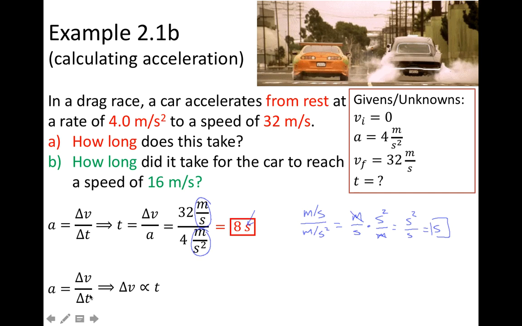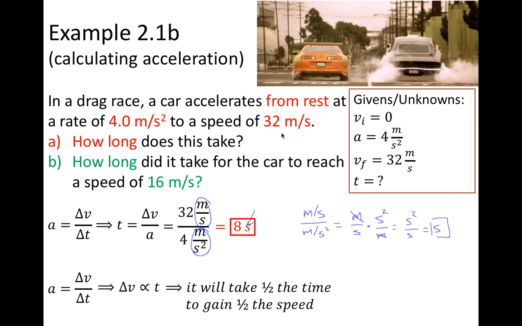So the change in velocity is proportional to the time that the car has been accelerating for. So hopefully we notice that the final speed here is 32. This wants us to know how long it takes us to get to 16. Well, 16 meters per second is half of 32 meters per second. So it should take half the time to gain half the speed.